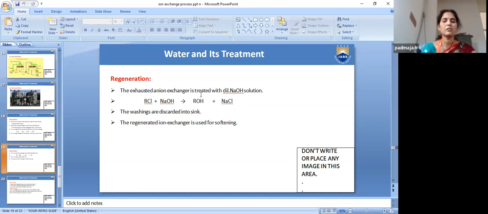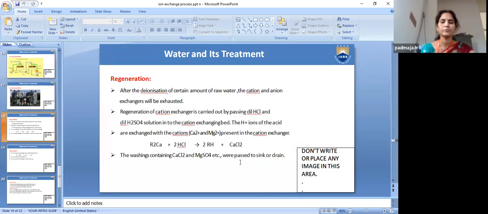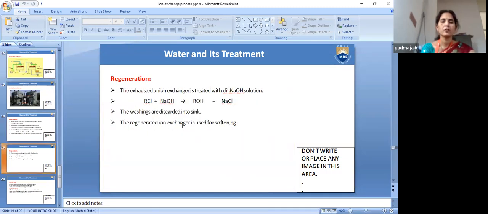The exhausted anion exchanger is treated with dilute NaOH solution. You have to write this reaction. What we get as washings is sodium chloride, and those washings are discarded into the sink. You can see in the diagram. I told you, students, you have to draw the diagram correctly and neatly so that you will get the marks. The regenerated ion exchanger is used for the softening of water.